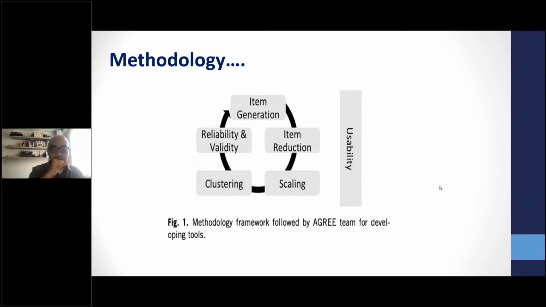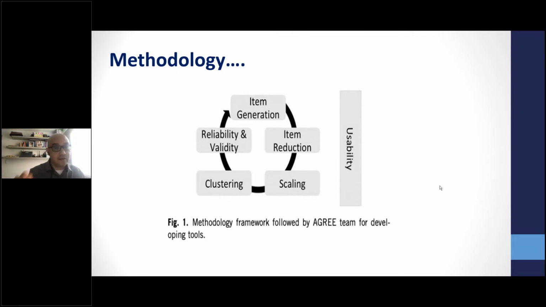These studies of reliability and validity are key for us to keep tools evidence-based. That means tools to assess the quality of the evidence, but which are also created through an evidence-based process.